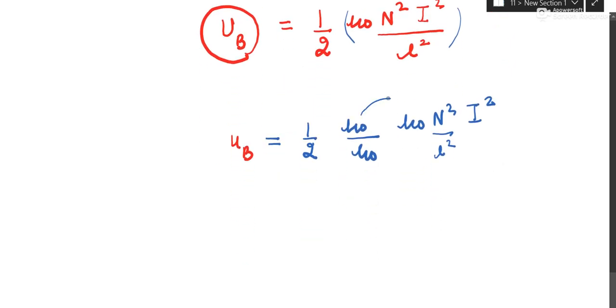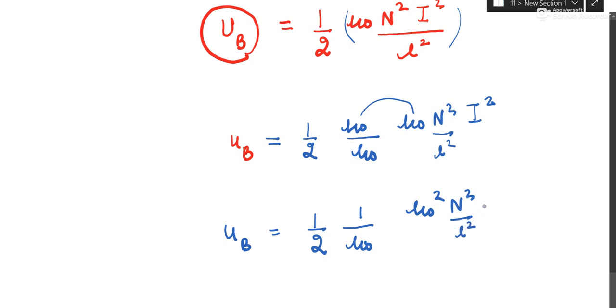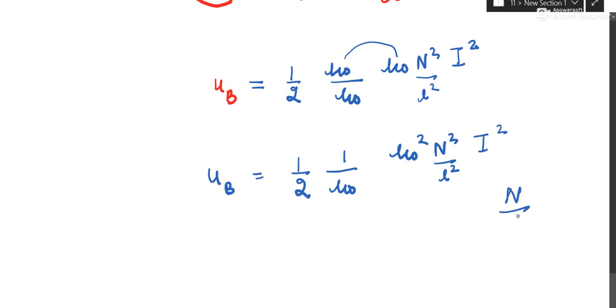Now mu naught into mu naught is mu naught square. Multiplication we are using. Okay, this as it is, and this is mu naught square N square by L square I square. Now you know N by L is small n, that is number of turns per unit length is small n, right? I am substituting here.